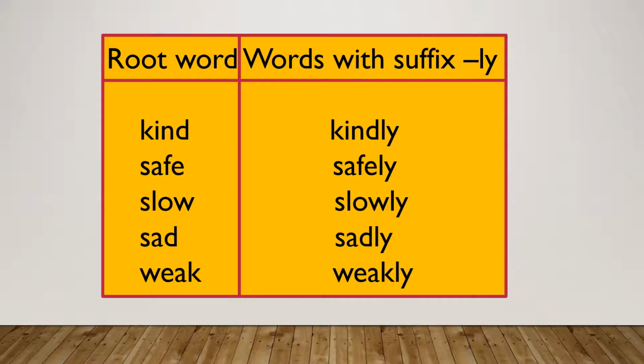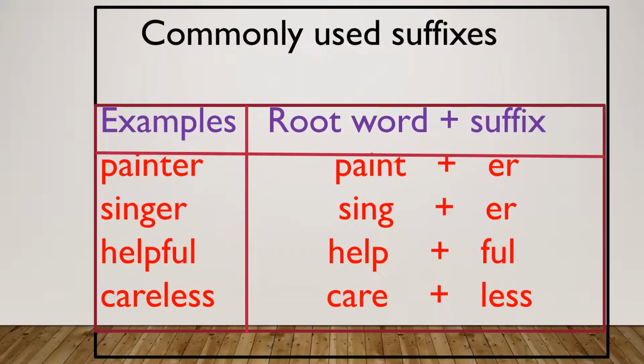If we add the suffix at the end, the words are kindly, safely, slowly, sadly and weakly. Here we have added the suffix at the end of the root word. Have you understood, student?